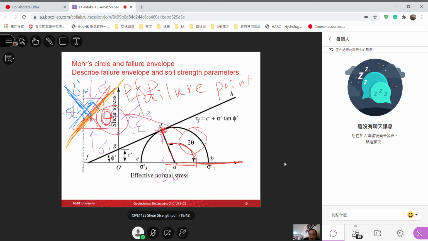咁情形之下，呢個 Mohr-Coulomb failure criteria 就話啦，shear stress at failure, right at the point of failure, the relationship between shear stress and the normal stress is like that. Shear stress at the failure plane at the verge of failure is equal to cohesion intercept of the soil plus the effective normal stress developed perpendicular to the potential failure plane times the tangent of angle of friction.